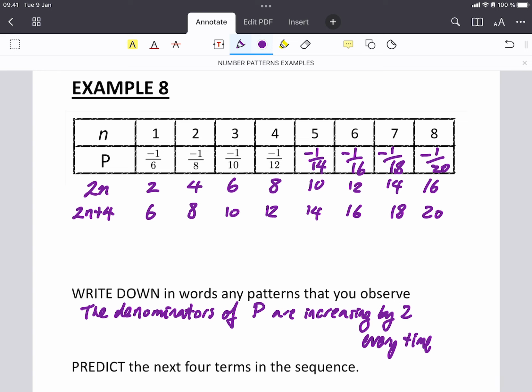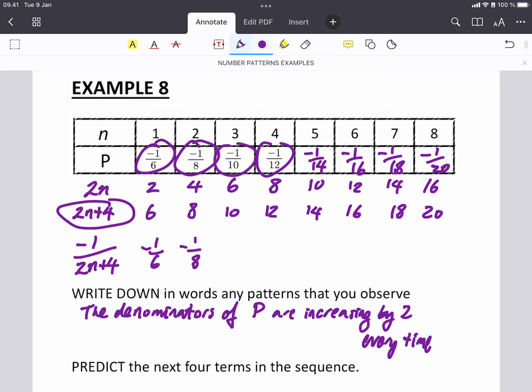So if 2n plus 4 gives us the denominators, but all of the terms we're trying to hit are minus 1 over those denominators, then the general rule just has to be minus 1 over that. So minus 1 over 2n plus 4 would give you minus a sixth, minus an eighth, minus a tenth, minus a 12th, and so on.